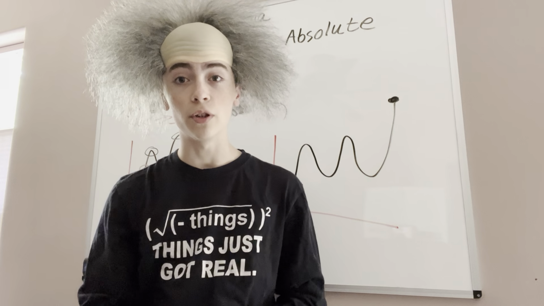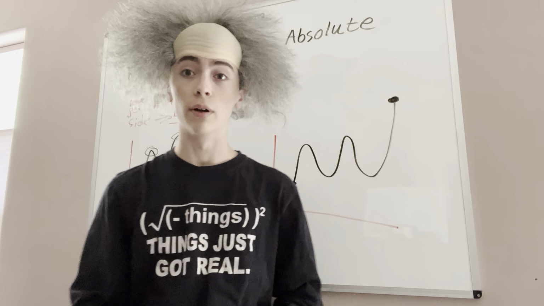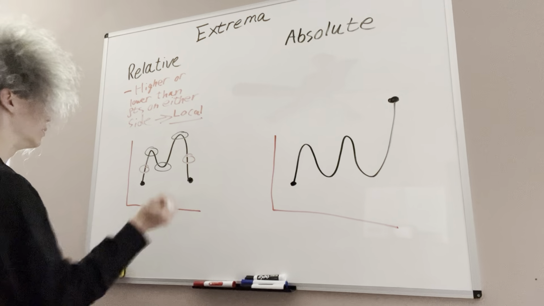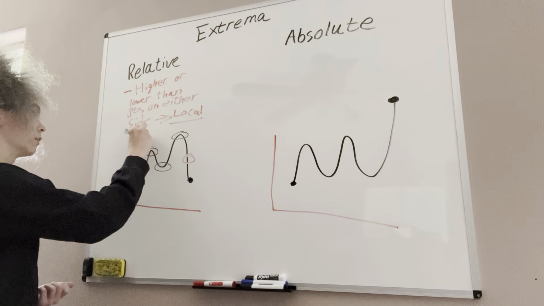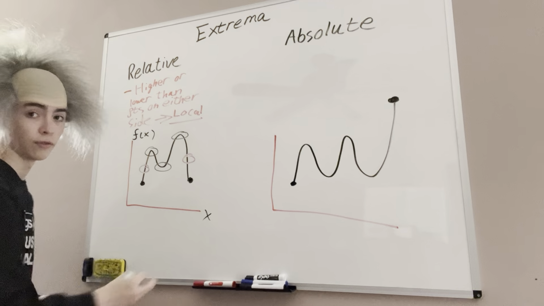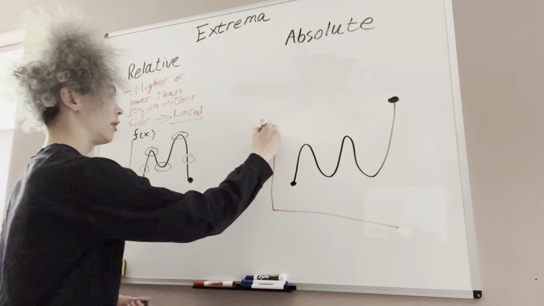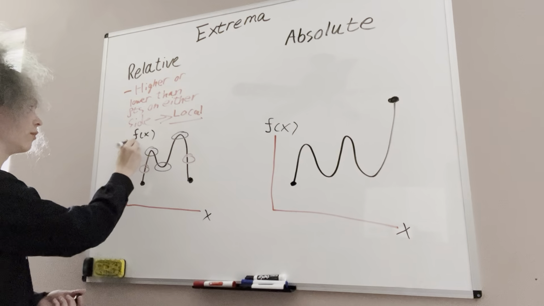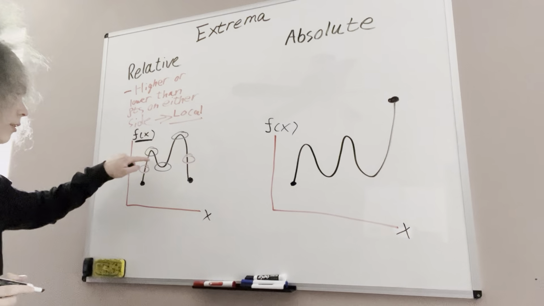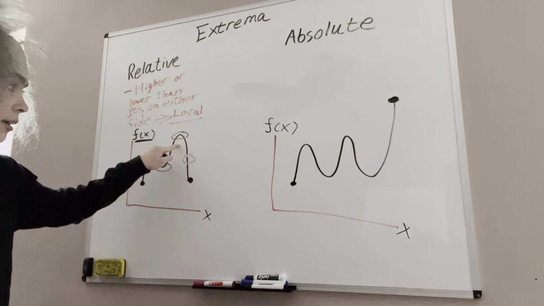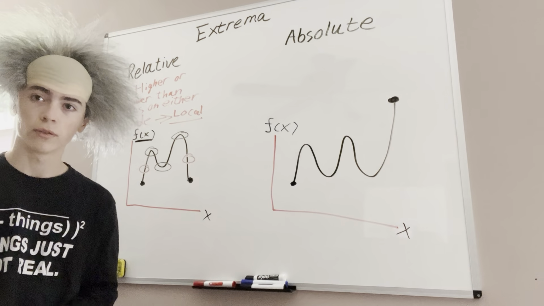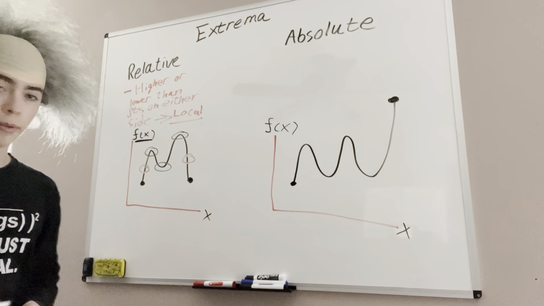When your derivative switches signs at a critical number, some important things happen to a function. Say this is f of x, as a function of x there, and that'll be the same for both of these graphs. So if this is f of x, we see that at these relative extrema, you have critical numbers in your derivative happening here.